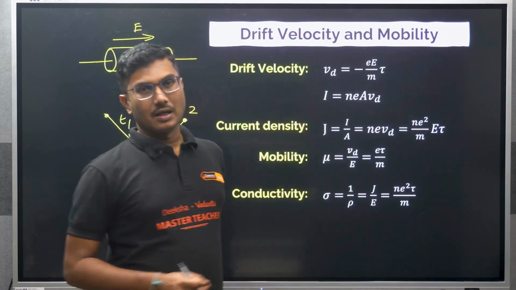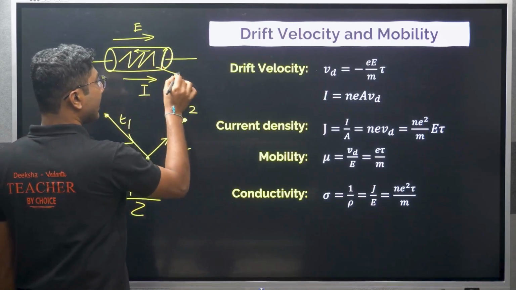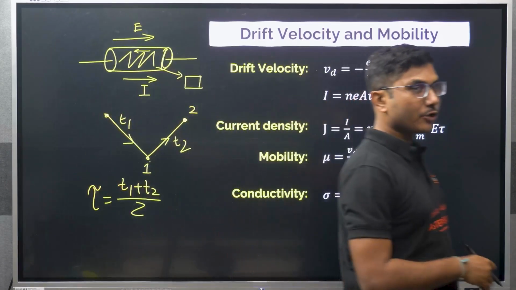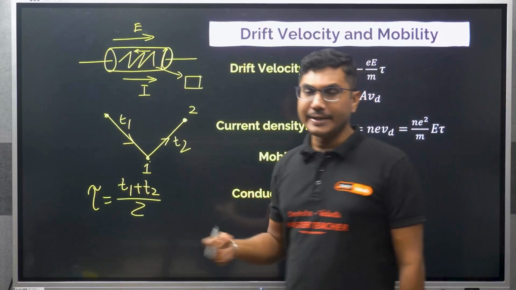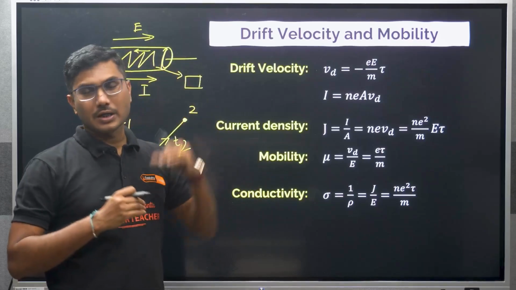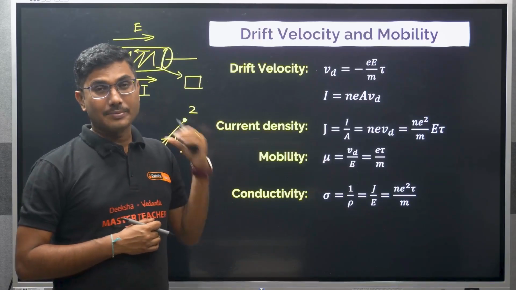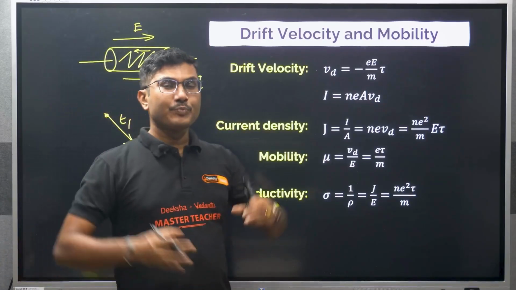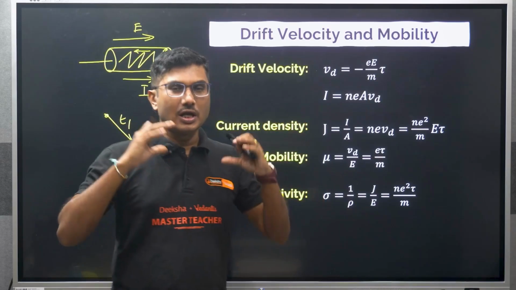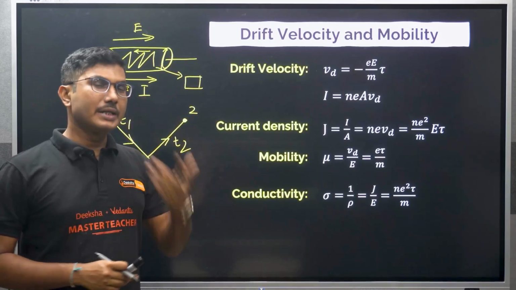Now what is n? n is the number density of electrons. Number density means what? If you take 1 meter cube of the sample, meaning 1 meter length, 1 meter height, 1 meter breadth, for example if you are considering iron, then whatever number of free electrons is present in that volume is called the number density of electrons.